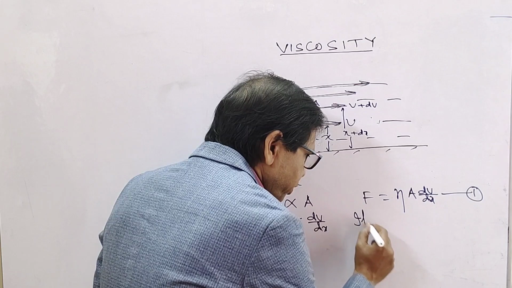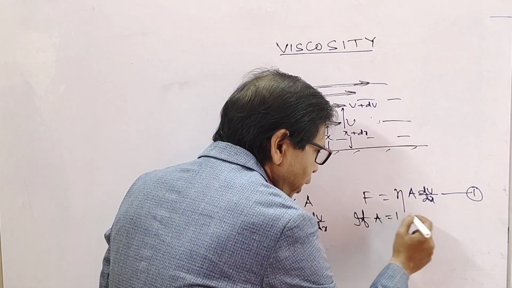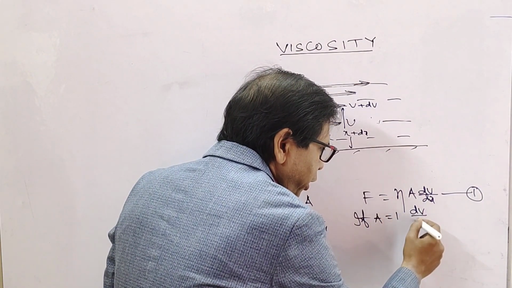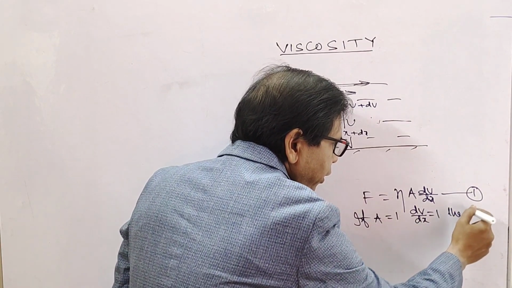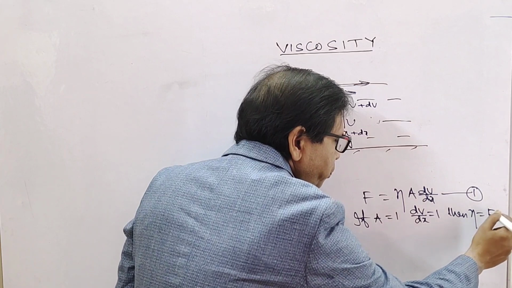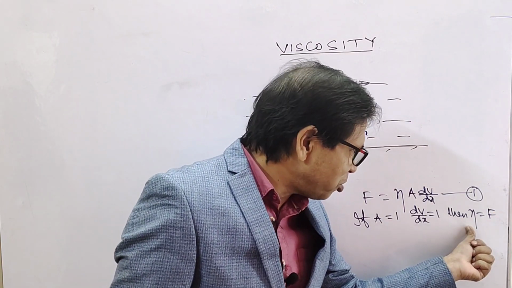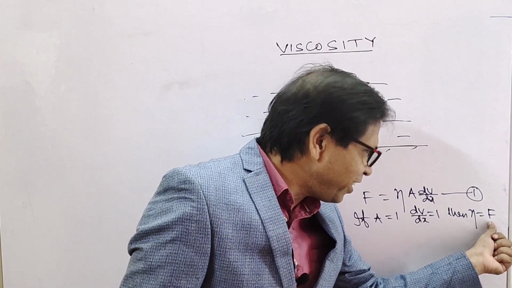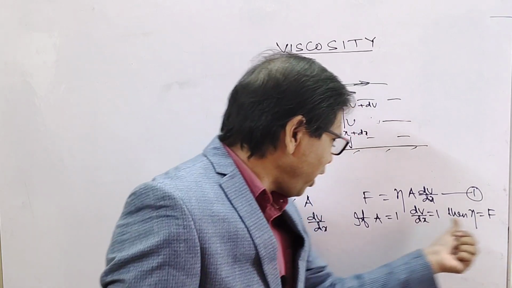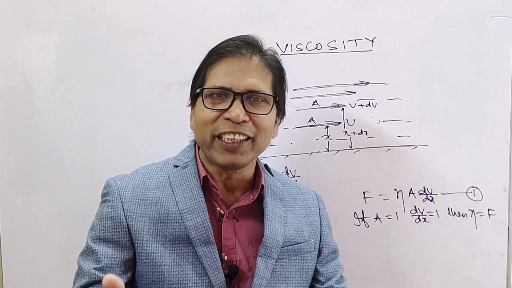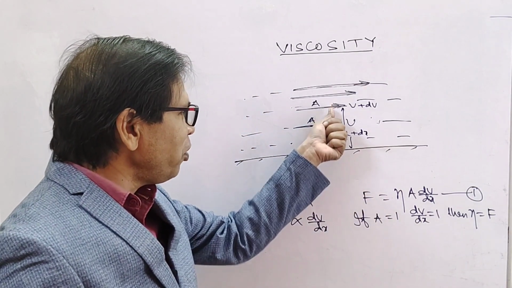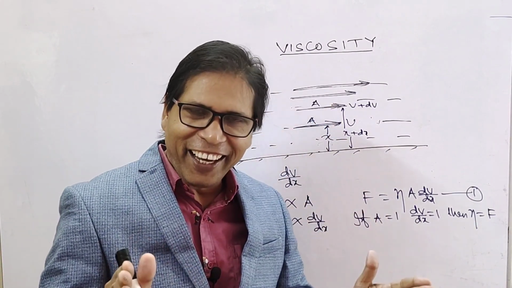If A equals 1 and velocity gradient dv by dx equals 1, then eta equals F. Therefore the coefficient of viscosity is the tangential force per unit area to maintain unit velocity gradient between two liquid layers.